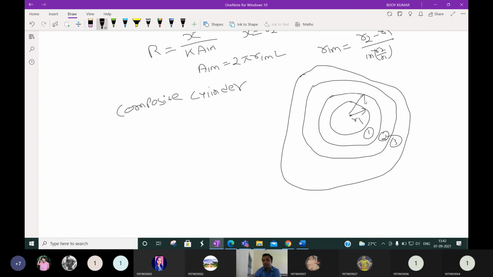The radii are R1, R2, R3 and R4. Suppose the thermal conductivities are K1, K2, K3. The value of Q is delta T by R. Suppose the temperatures are T1, T2, T3, T4. Then what will be the value of delta T? Can anyone say? What is delta T for this composite cylinder?